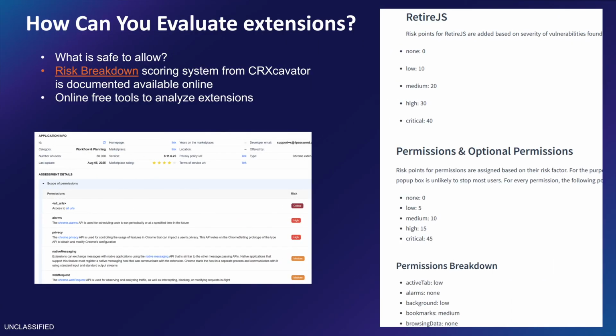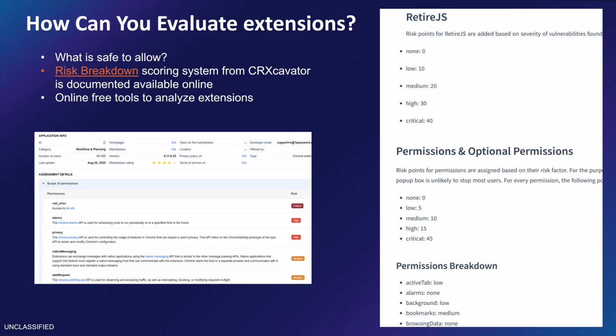So there are a number of mechanisms there that we've talked about to control browser extensions, but how can you actually evaluate them? What is safe when it comes to extensions, and how do I know whether to allow something or not? As I mentioned before, it should be pretty obvious what's actually work-related or not, but if you need additional assistance, go have a look at some of these resources. There's CrowdStrike, as mentioned. If you're lucky enough to have it, it provides a risk scoring there.